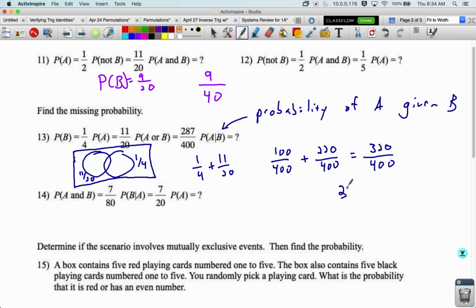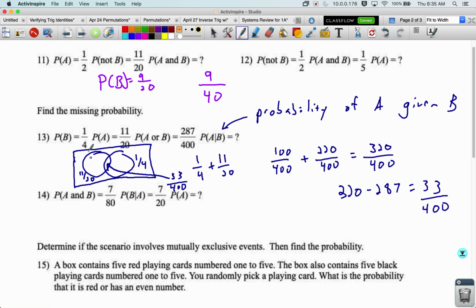So 320 minus 287 equals 33. So 33/400 is the overlap. So that means in here is 33/400.